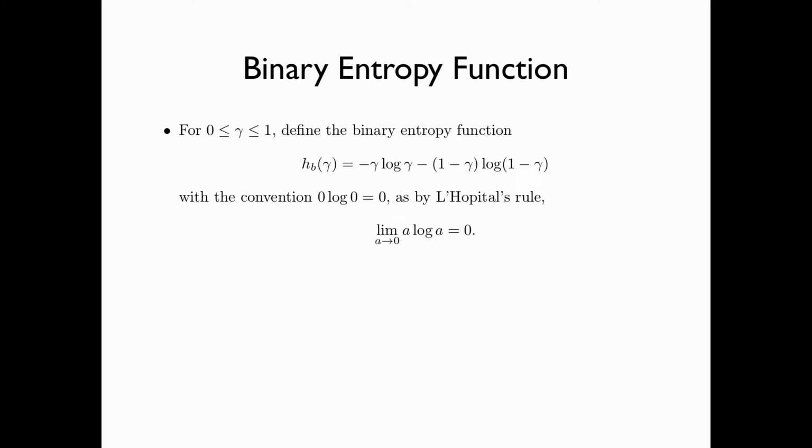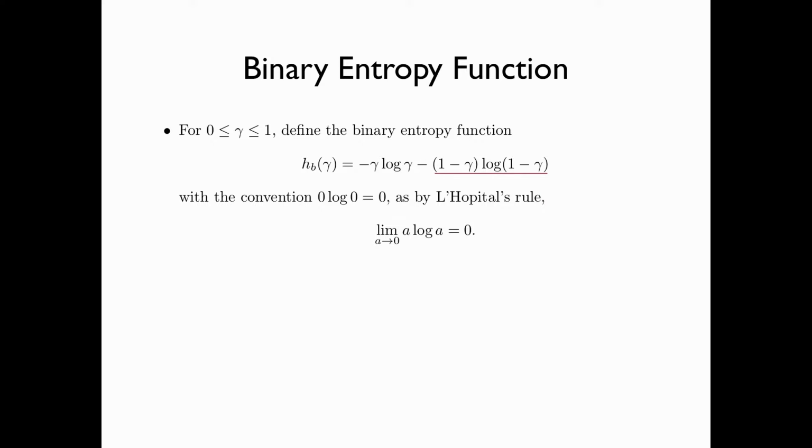We now introduce the binary entropy function. For gamma between 0 and 1, define the binary entropy function h_b(gamma) equals minus gamma log gamma minus (1 minus gamma) log (1 minus gamma). Note that when gamma is equal to 0, we have minus gamma log gamma equals minus 0 log 0, which is undefined.